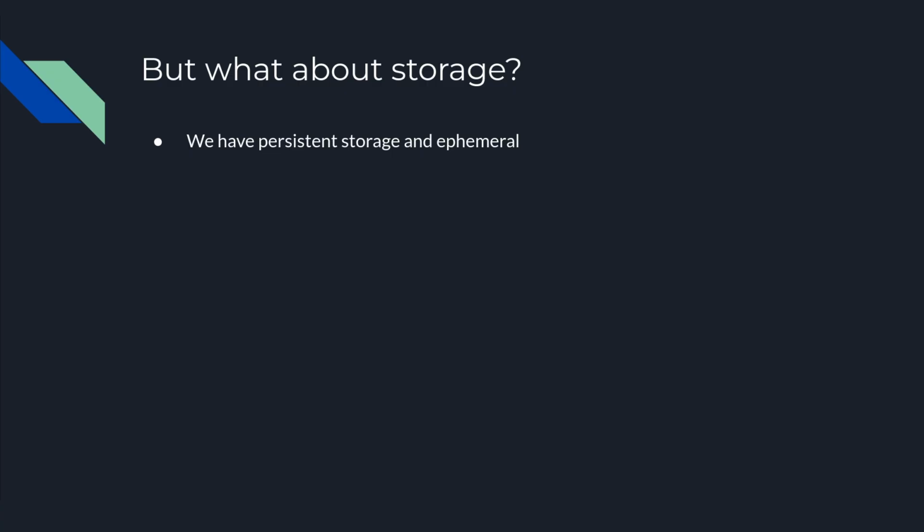So we got config for our pods, and I mentioned a little bit about storage. Now, storage is also very important, like we have in Docker, but the way we handle that in Kubernetes is slightly different.